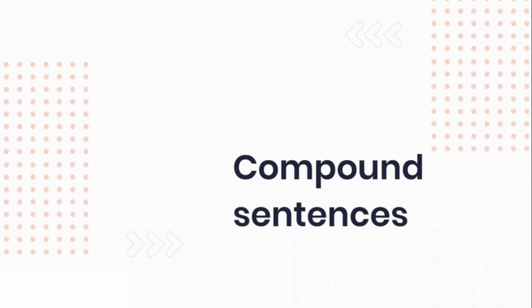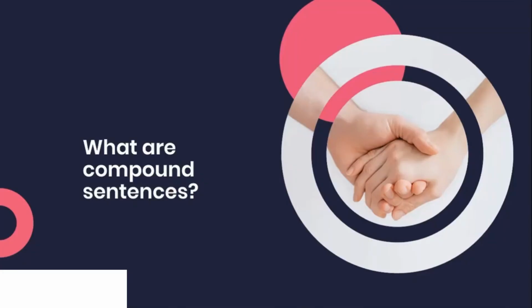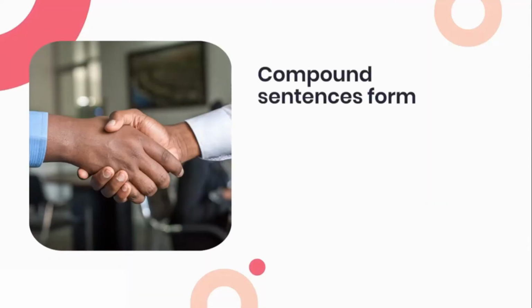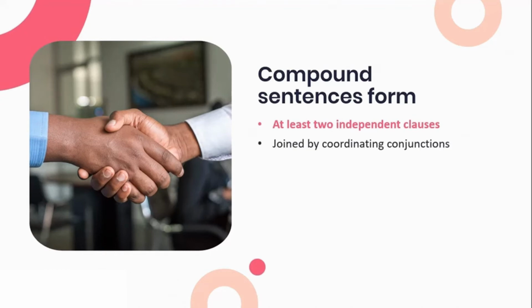So, on that note, let's move on to compound sentences. So, what are compound sentences? Well, compound sentences contain at least two independent clauses. The independent clauses are usually joined by coordinating conjunctions.